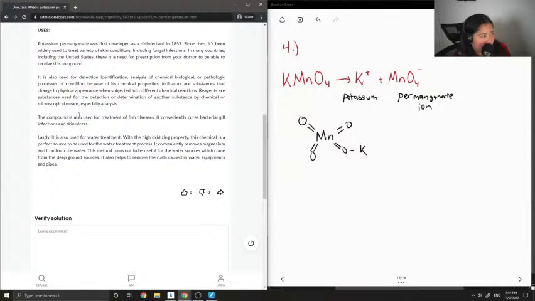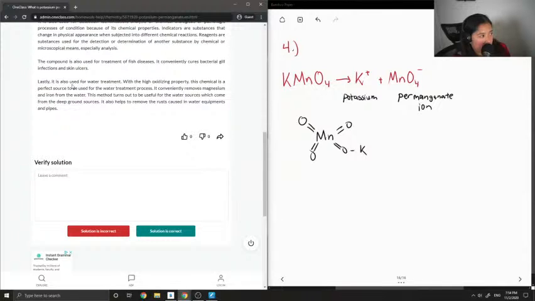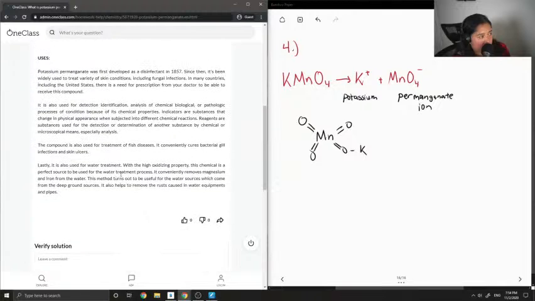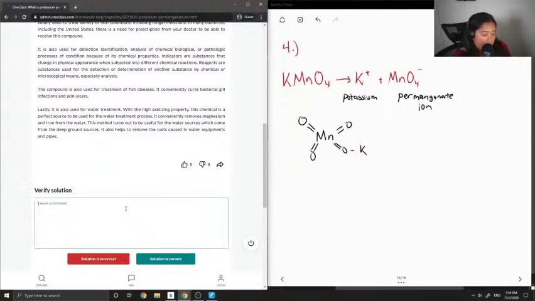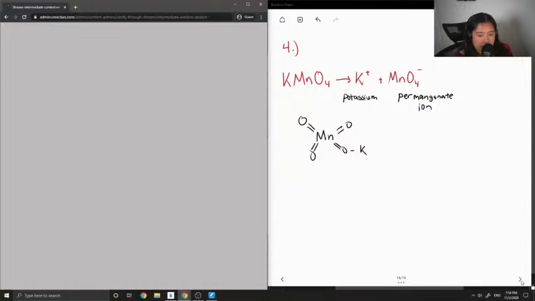The compound is also used for treatment of fish diseases, conveniently curing bacterial gill infections and skin ulcers. Lastly, it is also used for water treatment. So potassium permanganate is useful for a lot of different things, but this solution is correct. Very informative answer. I learned a thing or two just by reading that solution.